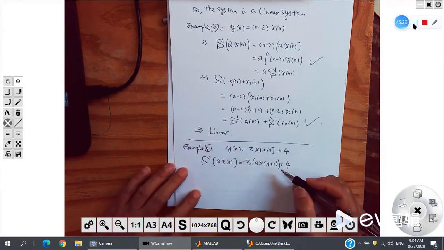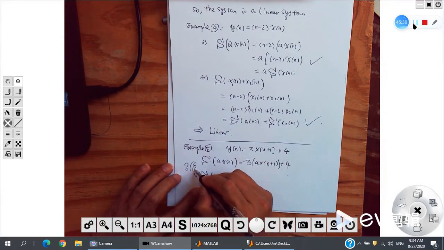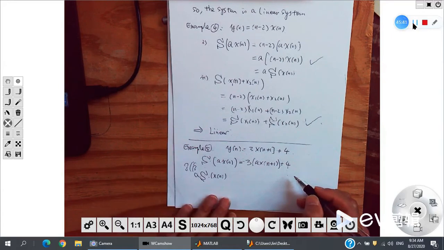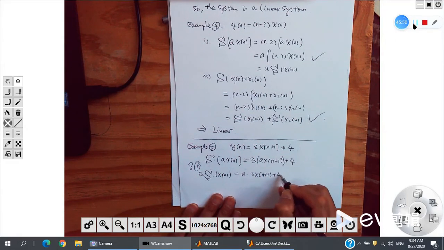Then we want this to equal a times S of x of n, right? We want these two to be equal. Are they the same? This equals a times S of x of n, which is 3x at n plus 1, plus 4.